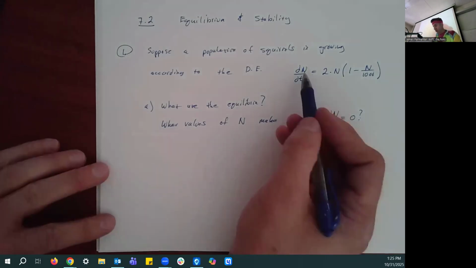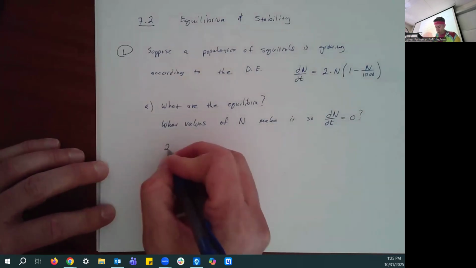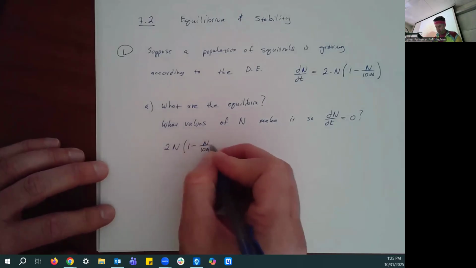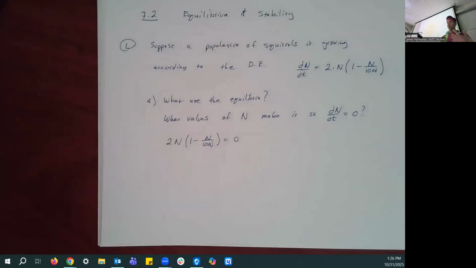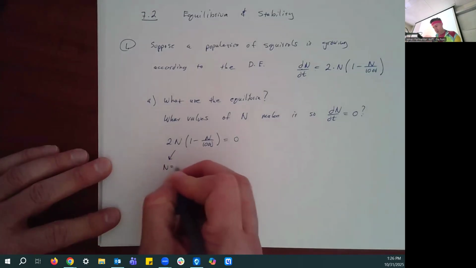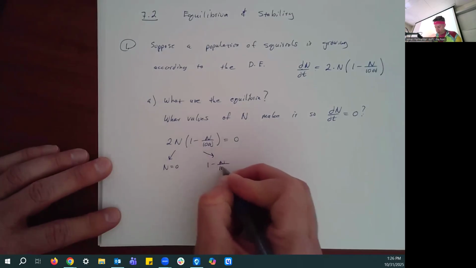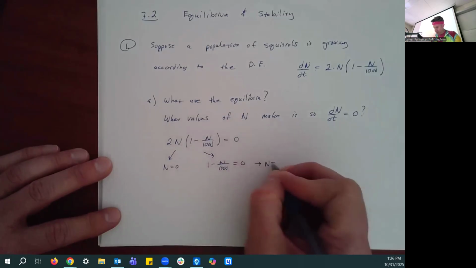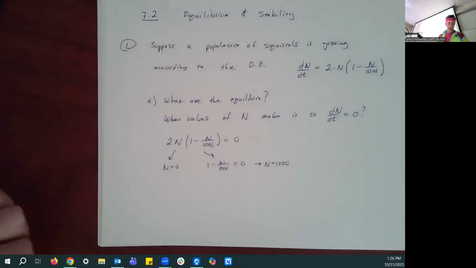So you take your derivative and set it equal to 0: 2 times N times (1 minus N over 1,000) equals 0. Just like anytime you're solving an equation equal to 0, you set each factor equal to 0. So either N equals 0, or 1 minus N over 1,000 equals 0, which gives N equal to 1,000, because 1,000 over 1,000 is 1, and 1 minus 1 is 0.